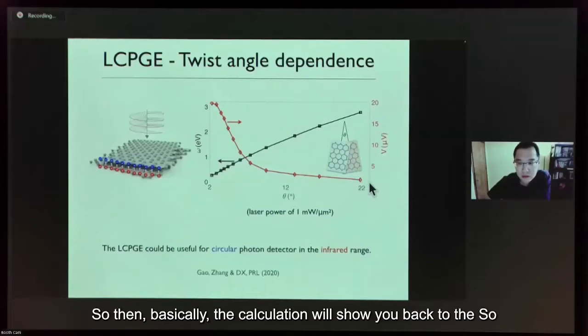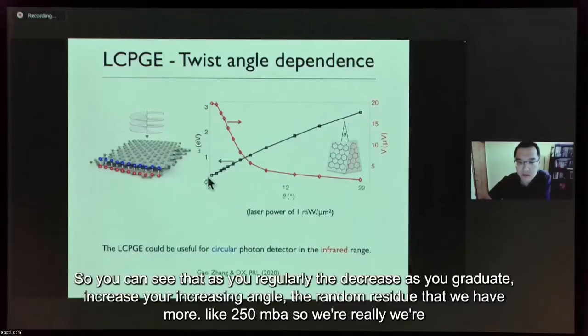As you gradually decrease your twisting angle, the resonance peak will move from around 3 eV gradually down to even like 250 meV. So we're really reaching the infrared range.